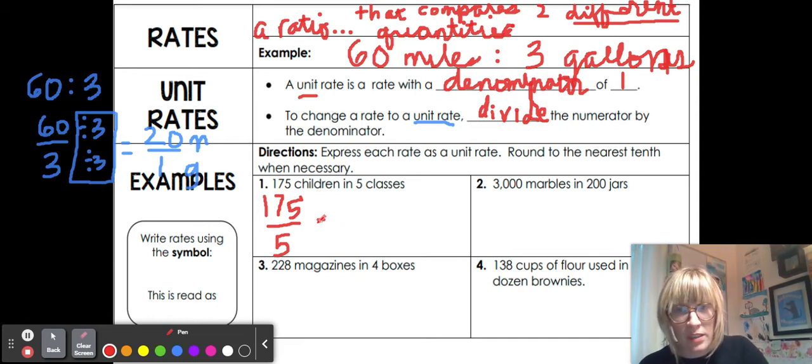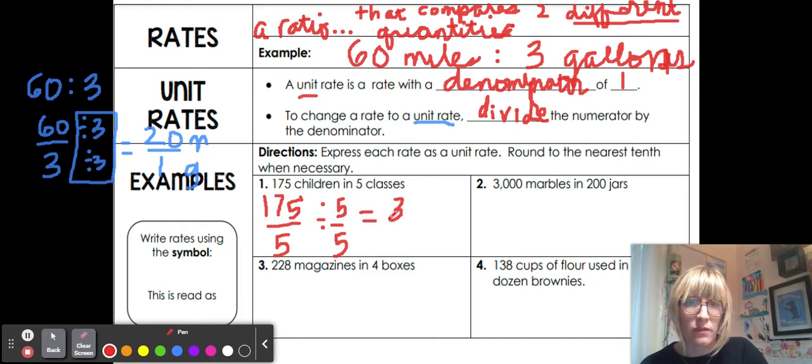In this case, we are going to divide each by the denominator, which is 5. And when we do that, we end up with a 35 to 1 rate. And we could write it as saying that there are 35 children per class.